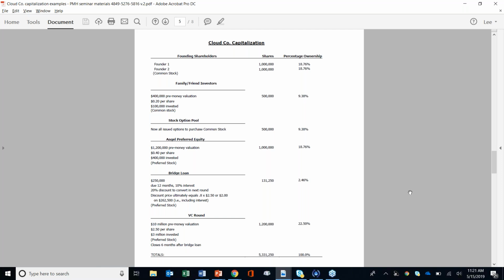We see situations where bridge lenders are requiring that and demanding that. And if you are in dire need of money, you may have to do that. And you would have to examine your documents associated with the other preferred equity investors if you already have some in the company, whether that would be allowed or not.